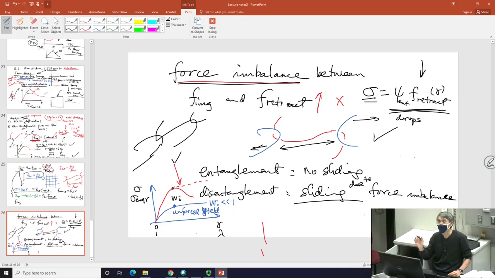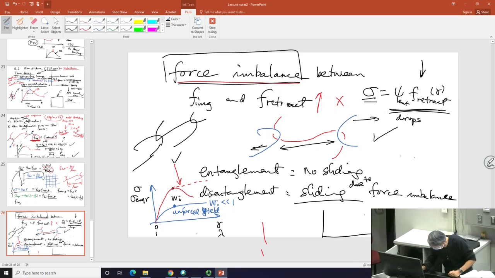By saying the following: any strand that has not disentangled has not reached force balance. Remember, your strand length is a Gaussian distribution, actually.